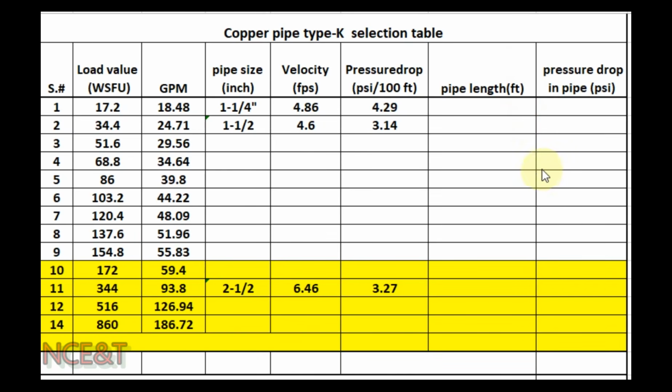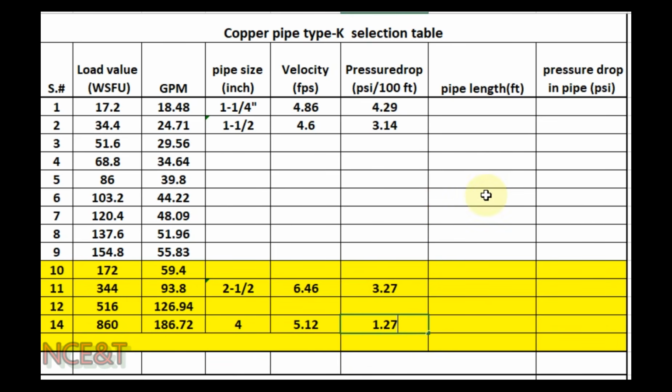Again, let us fill these calculated values in our Excel sheet. For a load value 860 we need GPM 186.72, and we have selected the pipe 4 inch with a velocity 5.12 feet per second, and with a head loss of 1.27 psi per 100 feet.